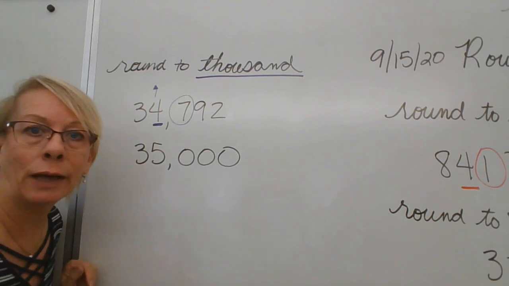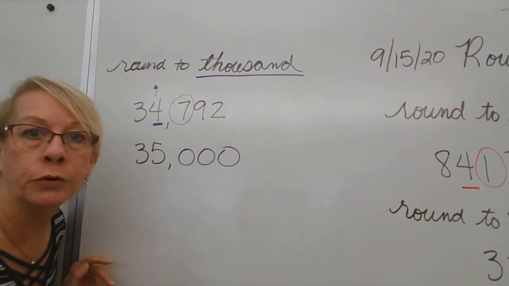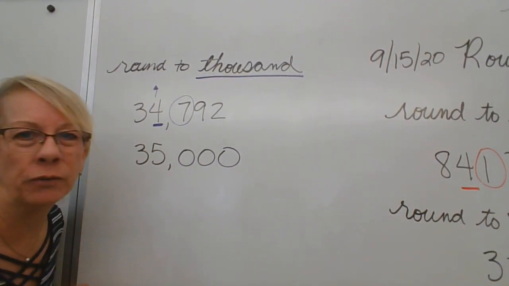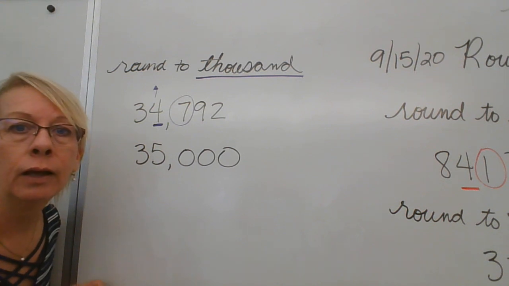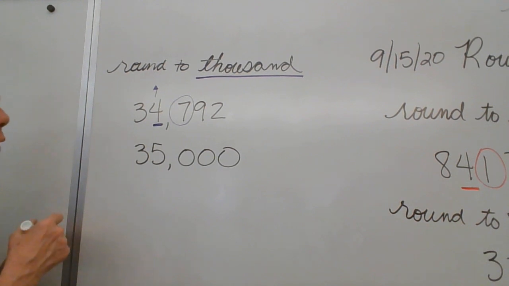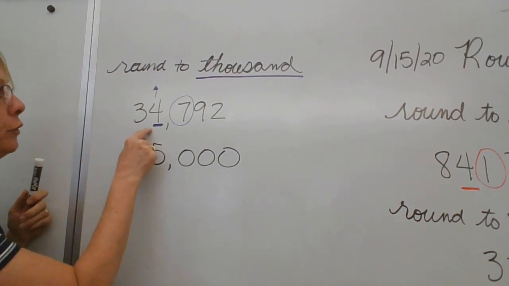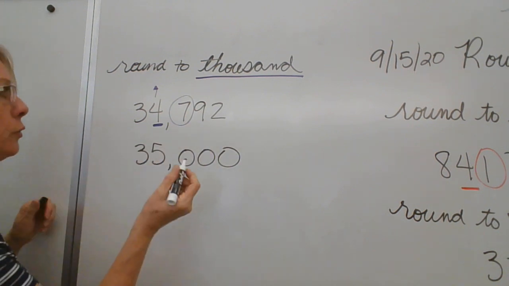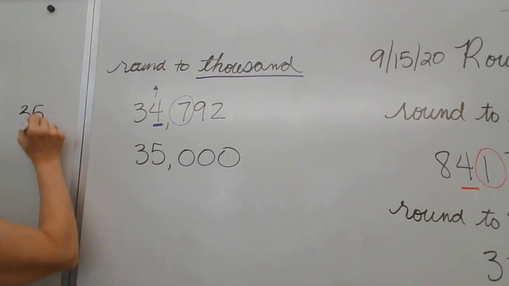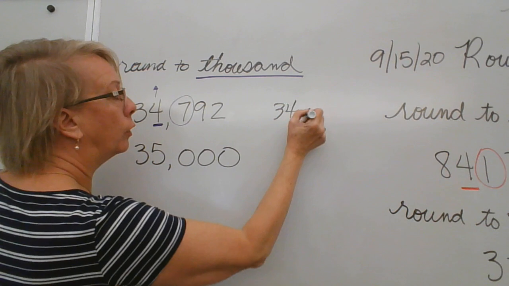So let's pretend like you're a rich guy and you have all this money in the bank, and you just say to your person who keeps track of your money, how much do I have? Just to the closest 1,000. I don't care about all the little stuff. I can make more money real fast if I need to. So he tells you, well, you have almost 35,000 because 34,792 is closer to 35,000 than it is to 34,000.